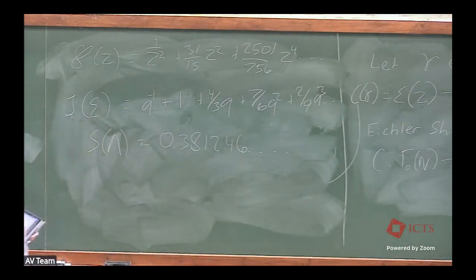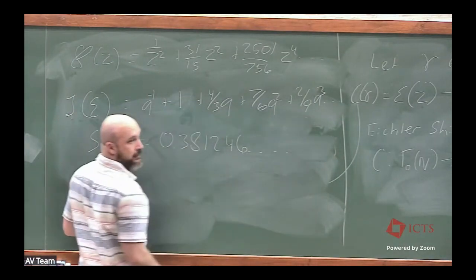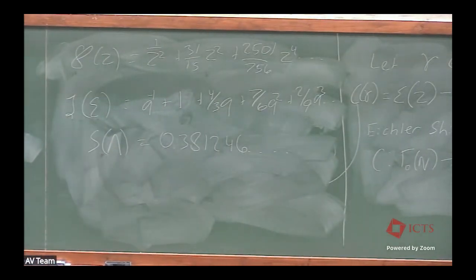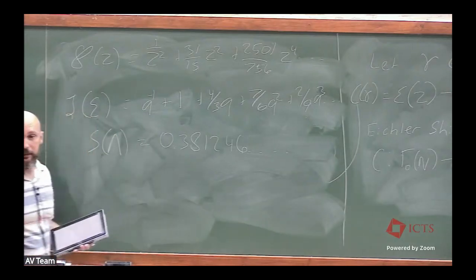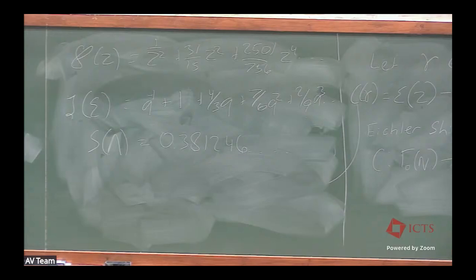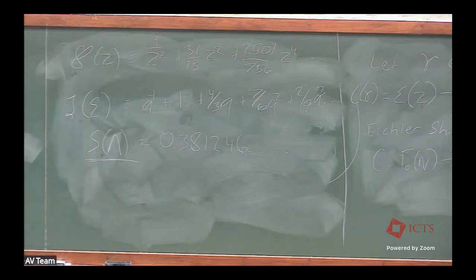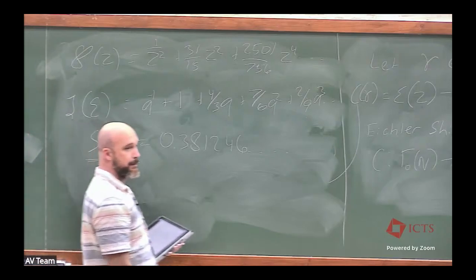Okay, so these are all rational, but then we have to add this multiple of our Eichler integral. Okay, so our coefficients of the harmonic Maass form are going to be transcendental. The only source of the transcendence is this value, this S value right here. This is the transcendence for these coefficients.